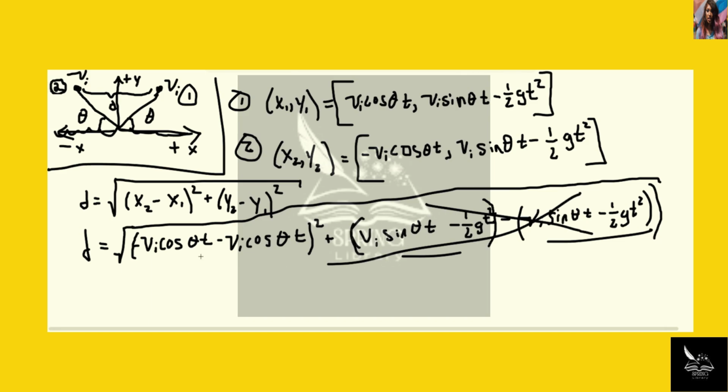And here we have a minus something minus the same thing, so d equals, we'll have our minus 2 vi cosine theta t, and that's squared, which is very fortunate for us, so it clears that negative up front, otherwise we'd be in trouble with the root being here. Then we'll get 4 vi squared cosine theta squared.